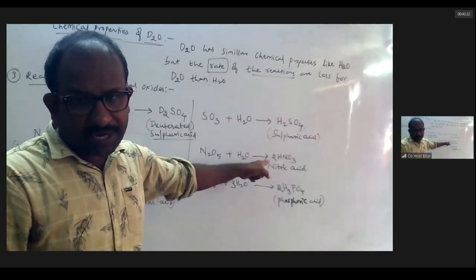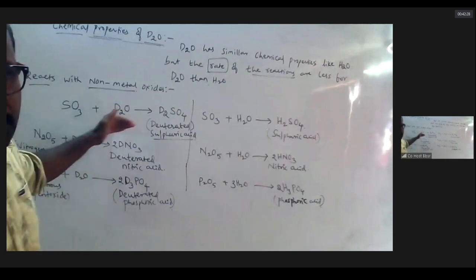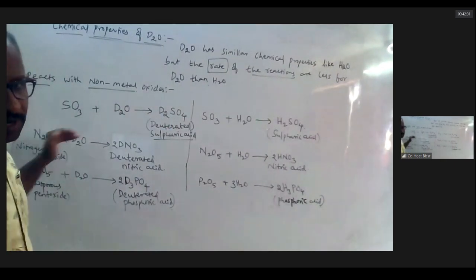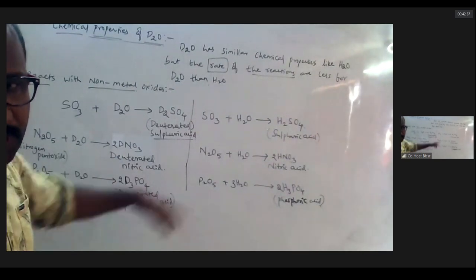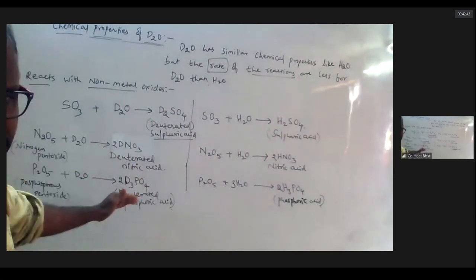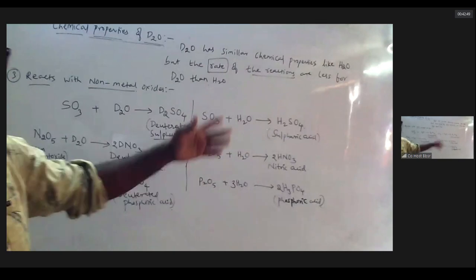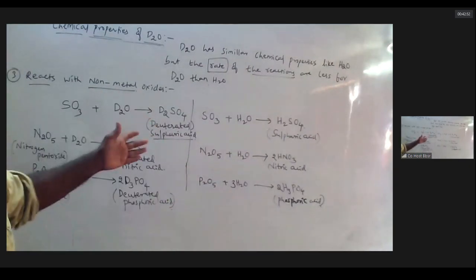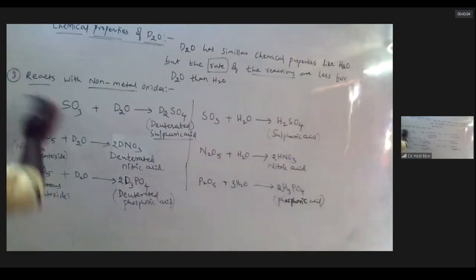SO3 with D2O, deuterated sulfuric acid; N2O5 with D2O, deuterated nitric acid; P2O5 with D2O, deuterated phosphoric acid. समझ में आया क्या? नॉन मेटल ऑक्साइड से ये टाइप्स ऑफ एसिड्स आपको आ जाएगा, ड्यूटरेटेड सल्फ्यूरिक एसिड, नाइट्रिक एसिड, फास्फोरिक एसिड, लाइक दिस, राइट? ओके, सो दीस आर द एसिड्स, नॉन मेटल ऑक्साइड्स. दीस आर रिएक्शन. नेक्स्ट वन.